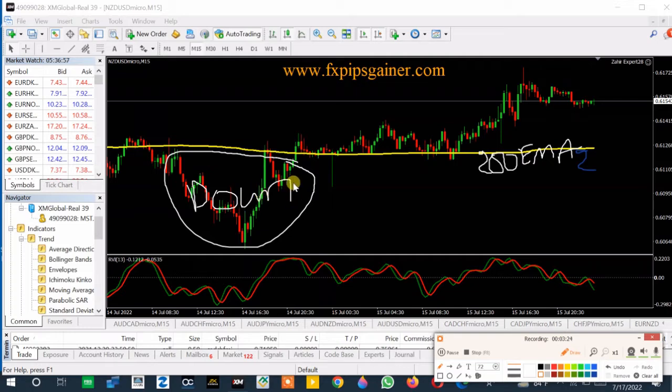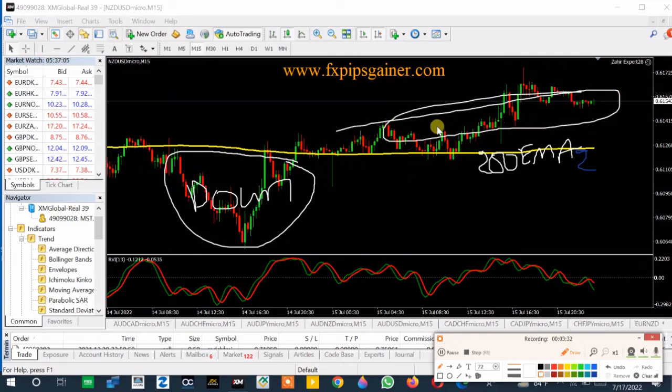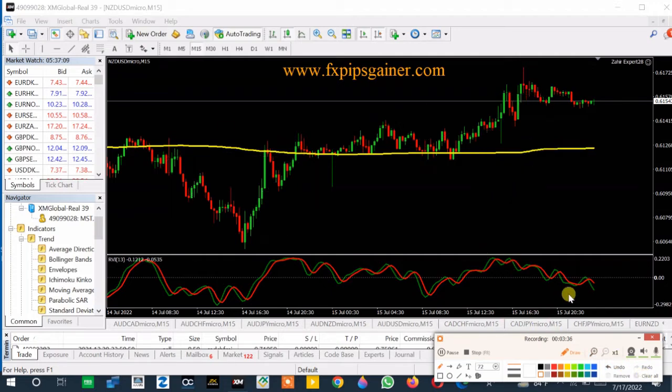In case of downtrend, we will take only sell entry, and when it is uptrend, we will take only buy points from the RVI indicator.